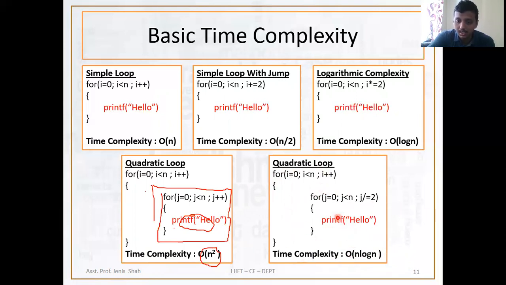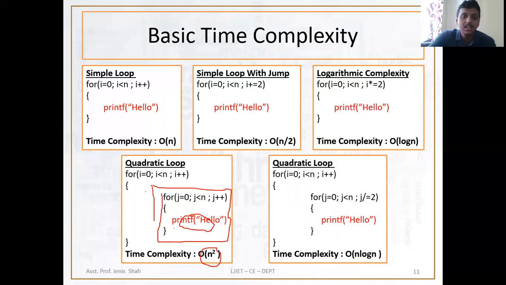And inside this loop, this printf hello will be executed log n times. See here, it is a division, but here it's a multiplication. Whenever i changes with division or multiplication, the complexity will be log n. So the inner portion is log n, the outer portion is n, so both multiplied give n log n. Fine.